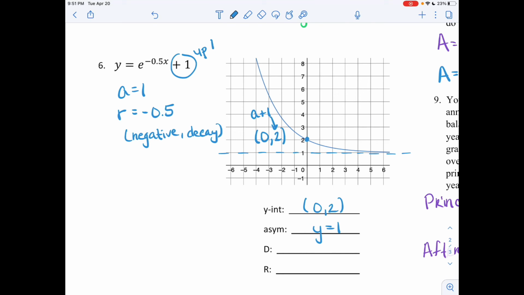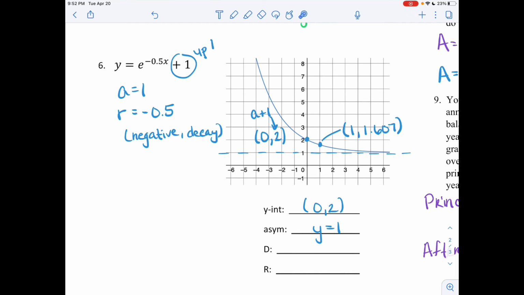Over here at a value of 1, we can see that we're above 1, maybe a little above 1.5. And in fact, this point is at (1, 1.607).